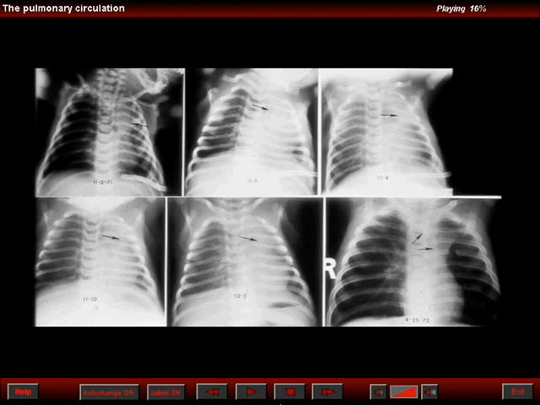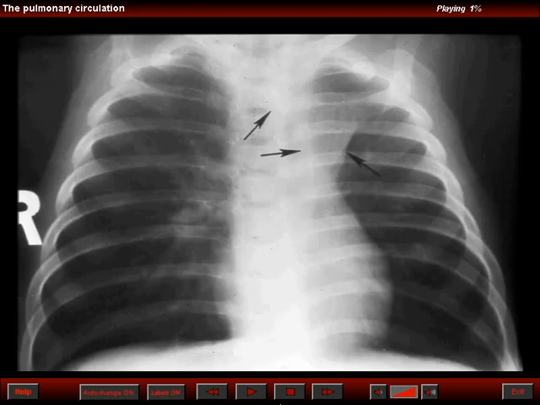This baby had a congenital diaphragmatic hernia that was repaired, and subsequently one can see that the left lung has become hypovascular. Note that the left hemithorax is hypovascular, and a density is seen in the left upper lobe.